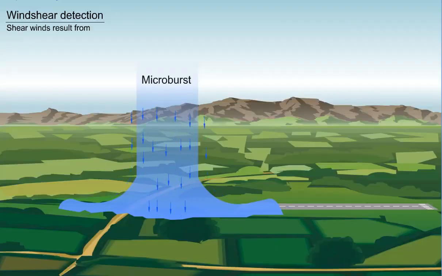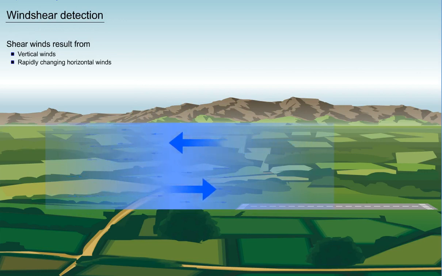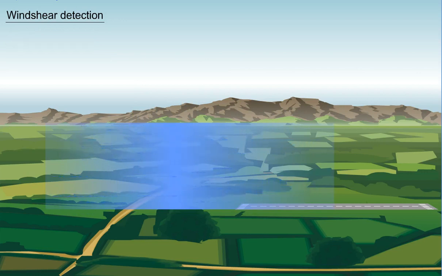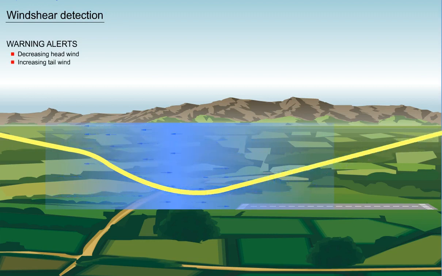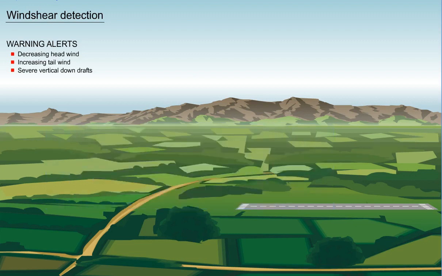Dangerous shear winds can result from vertical winds and rapidly changing horizontal winds. Therefore, special shear wind advisories have to be given to the pilots. Wind shear warning alerts are given for decreasing headwind, increasing tailwind, and severe vertical downdrafts.